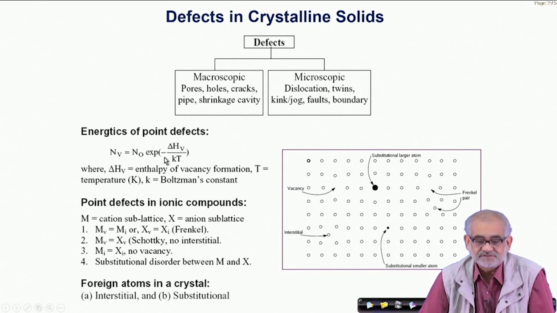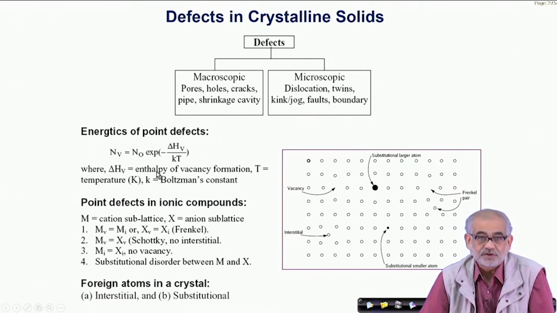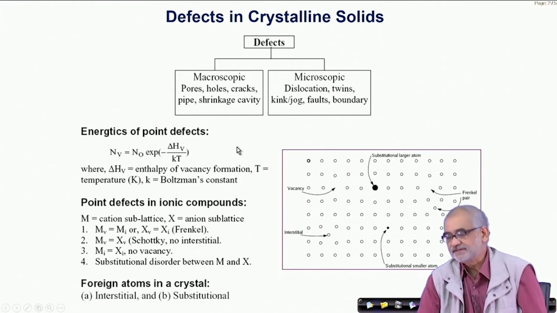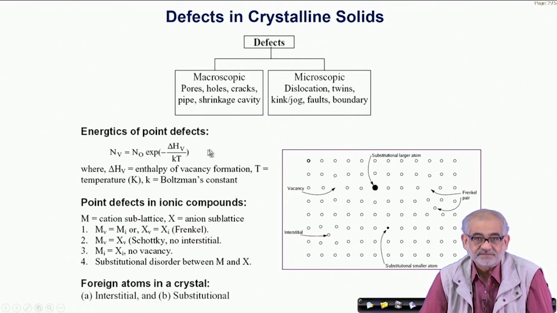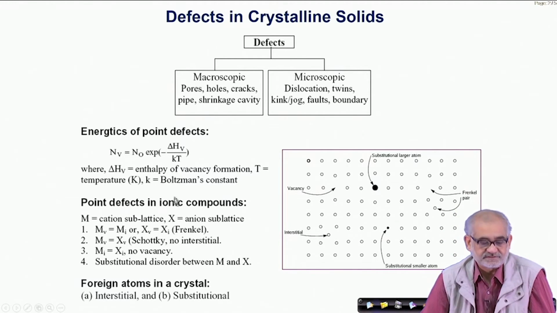If you consider Gibbs energy as the stability index of any given system, which has two components, the enthalpy and entropy, and the entropy part increases, then as a result delta G decreases, and every system in the universe tends to go towards lowering of Gibbs energy. So increasing randomness, increasing entropy, and decreasing delta G stabilizes the system. So having a certain amount of vacancies in a crystal is actually beneficial for the stability of the crystal.